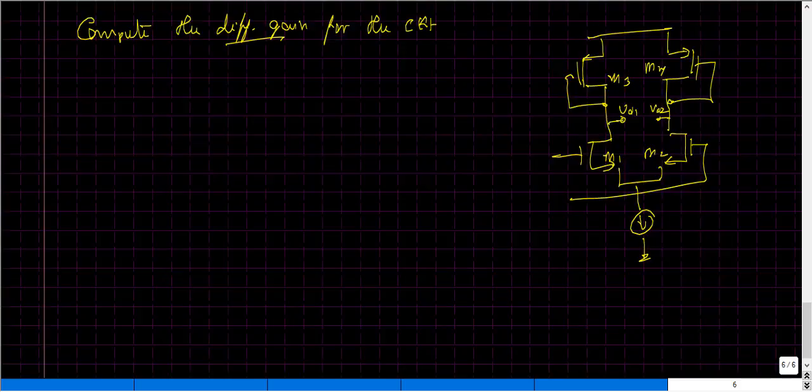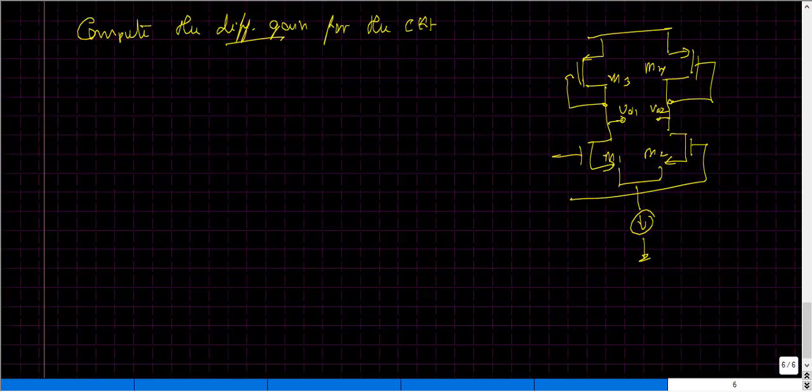So here in this case, since the value of W by L is not given, we can assume that all of these transistors are basically identical. That is, this M3 PMOS is identical to my M4 PMOS, and M1 NMOS is identical to my M2 NMOS. So clearly this particular picture gives us an intuition that this circuit is a symmetrical circuit.